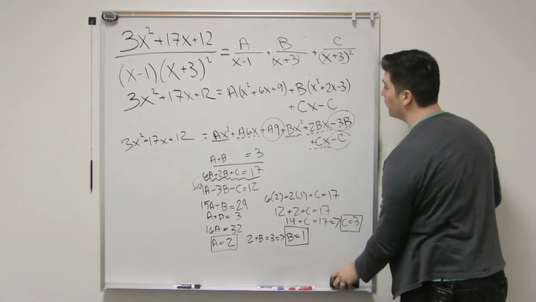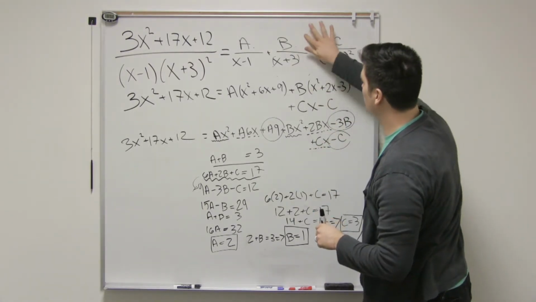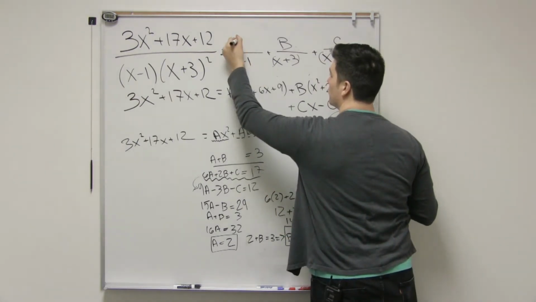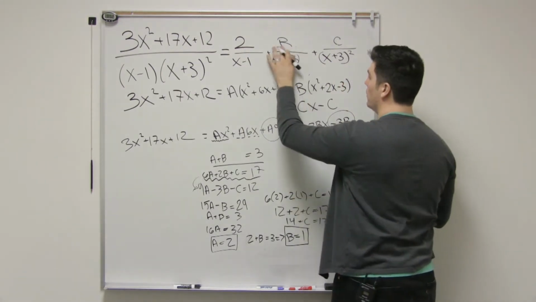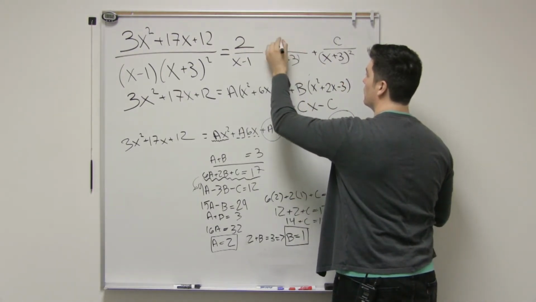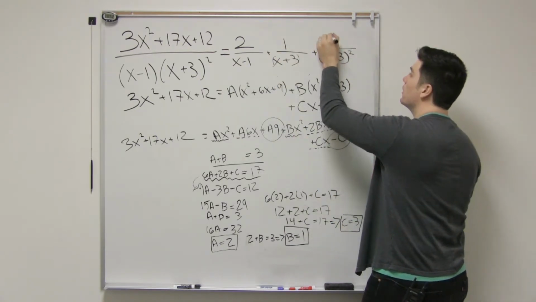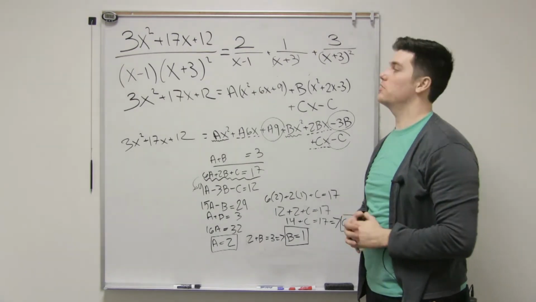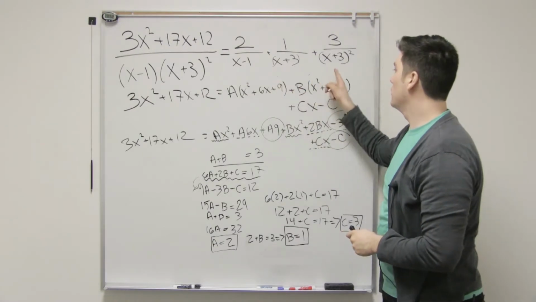We're back to our original equality statement before we knew what a, b, and c were. A is 2, so this will be 2. B is 1, and c is 3. So we have successfully decomposed this monster of a fraction into these 3 parts.